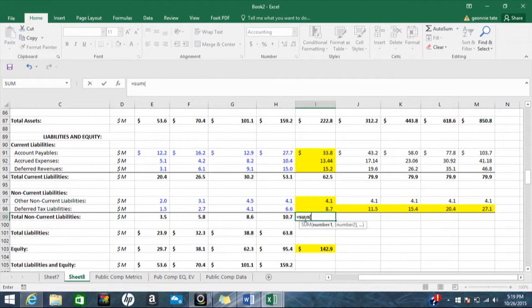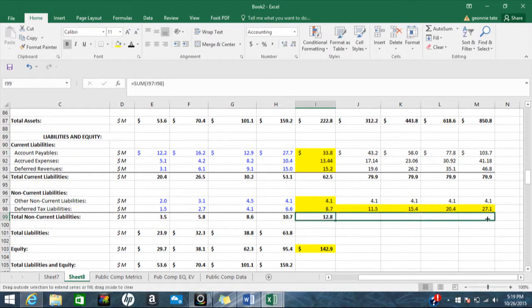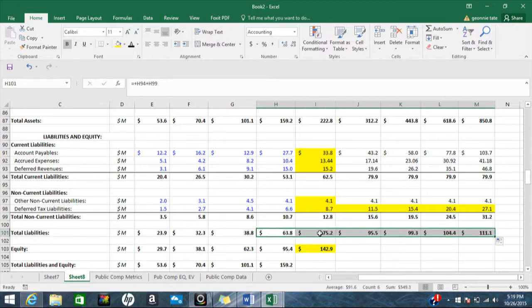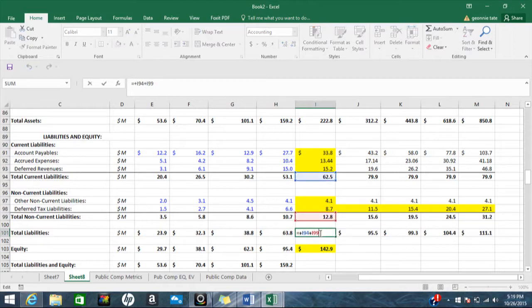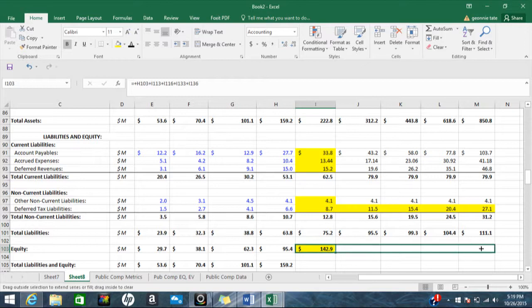I'm going to sum up my non-current liabilities here. Bring my equity across there.